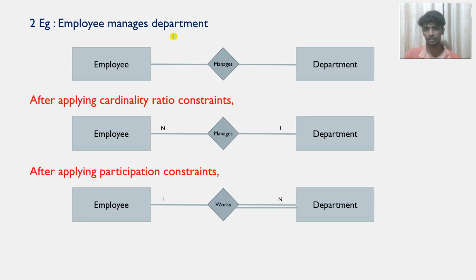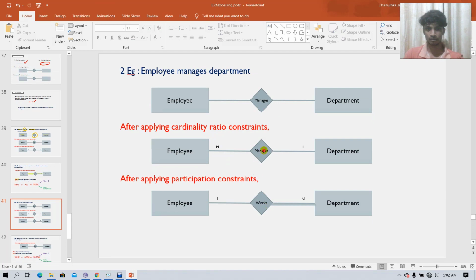So let's consider another example. Employee, managers, department. These are the relevant entities and these are the relevant cardinalities, and what we have to analyze is this fact, which means the participation. So in here, employee, so manager, sorry, it will be managers.